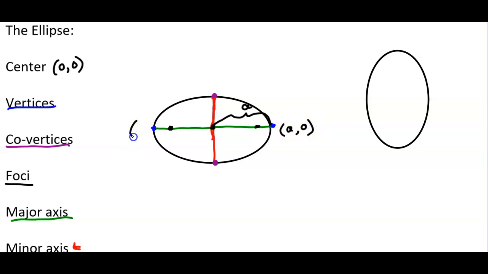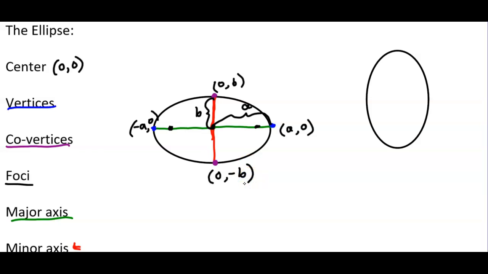And then over here, your vertex goes in the other direction, so it's going to be (-a, 0). And then this distance, you don't know anything about a yet, but you will, this distance here is b. And so the coordinates for this point up here are (0, b), and then down here it's going to be (0, -b).